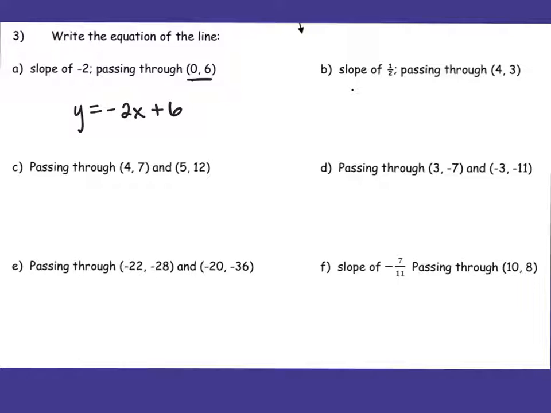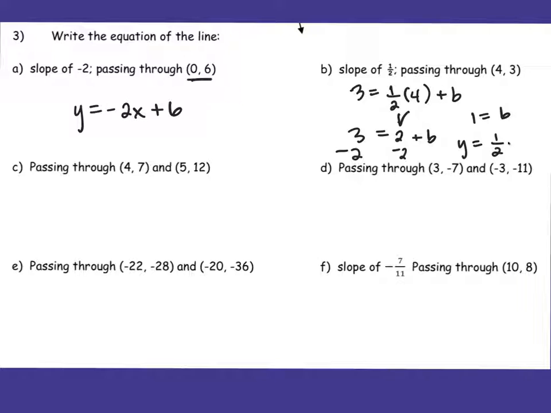This one, I don't have the y-intercept, so I'm going to put 3 in for y. Slope of 1/2 times 4 for x plus b. This gives me 2. Drop down everything else. So I've got 1 equals b. So y equals 1/2 x plus 1 for that answer.